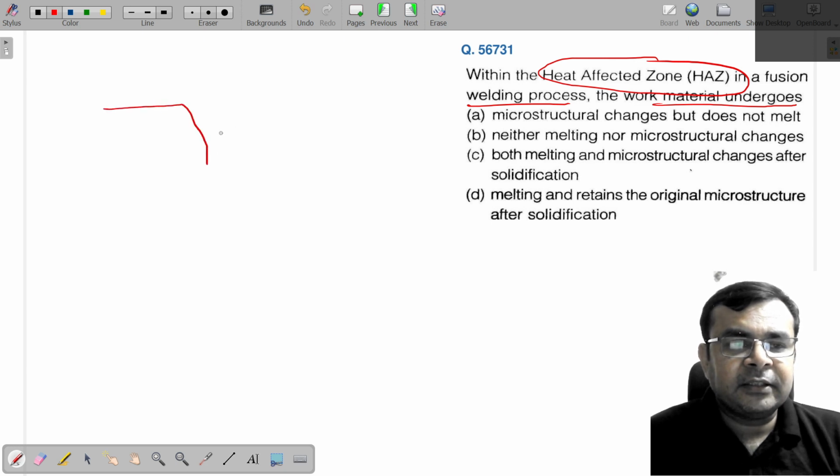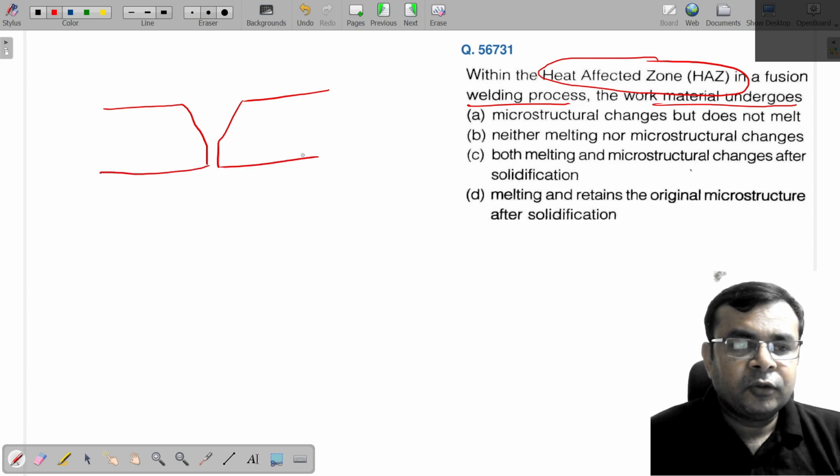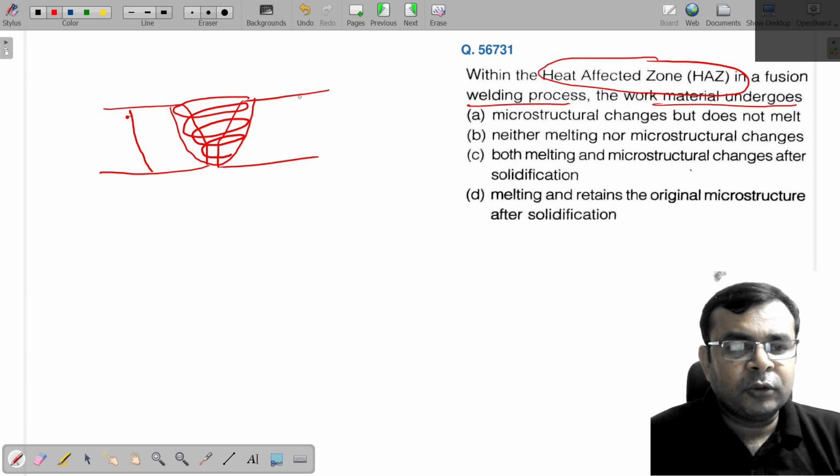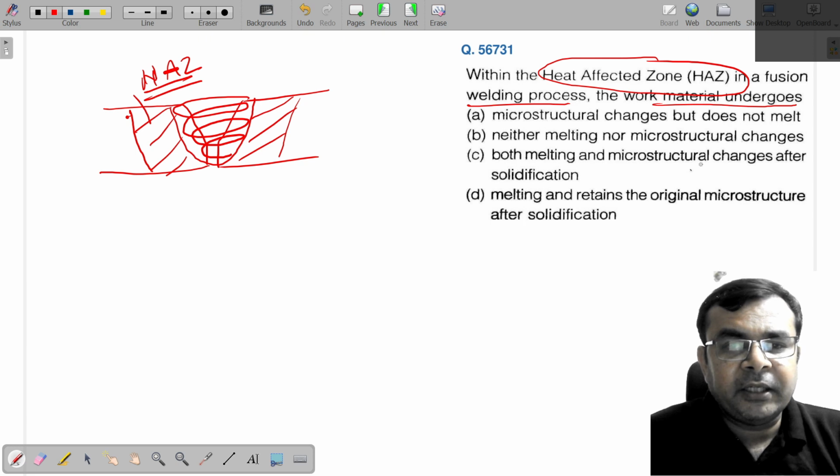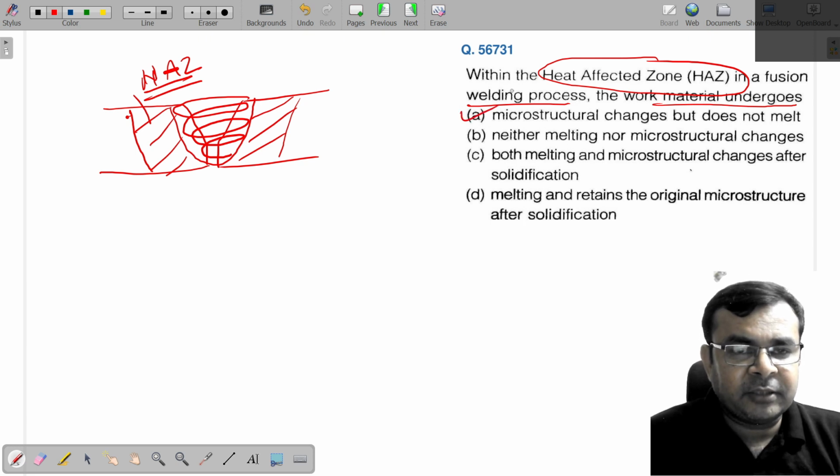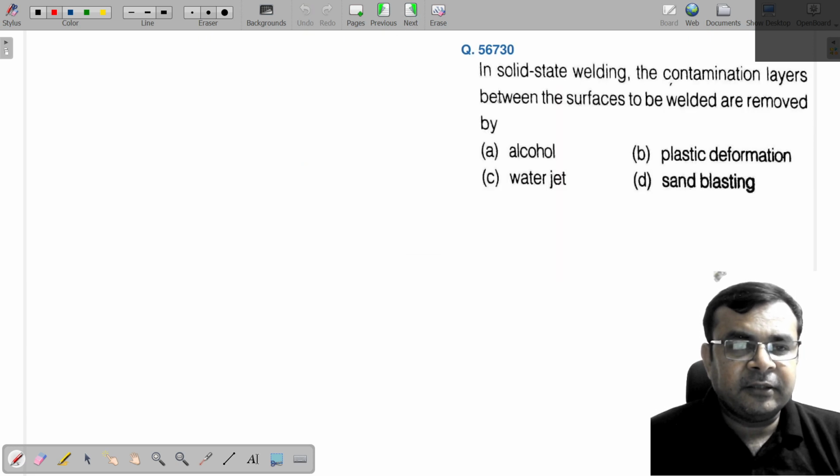If I see this is the welding, this is the fusion zone where complete melting of the base metal takes place. On both sides is the zone called the heat affected zone, HAZ, and in this zone there is no melting, only microstructural changes take place. So option A is the right answer.